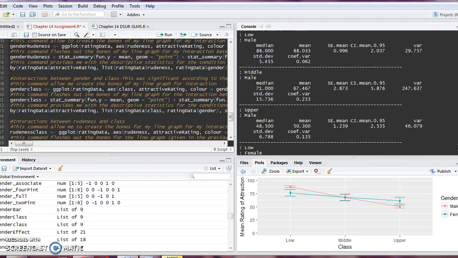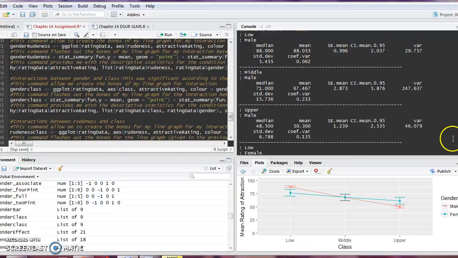So in comparing male participants to female participants, the first thing I'm going to look at is the male participants and see how they provide attractiveness ratings all across the board. Male participants who had lower class dates gave them higher ratings of attractiveness than middle class dates and upper class dates.